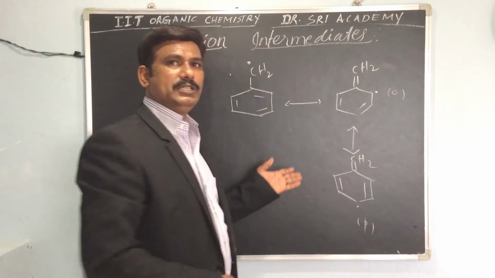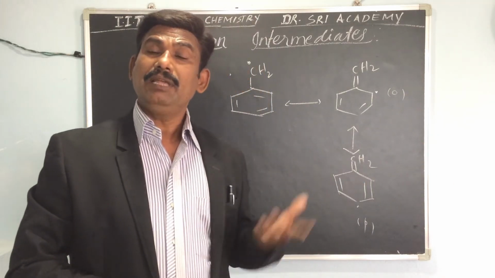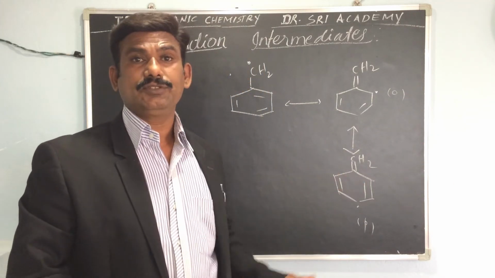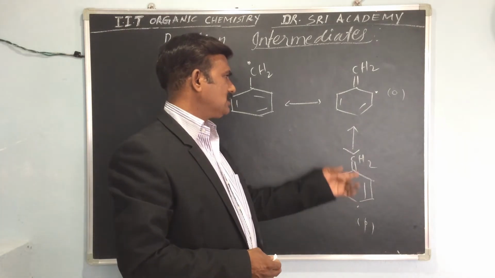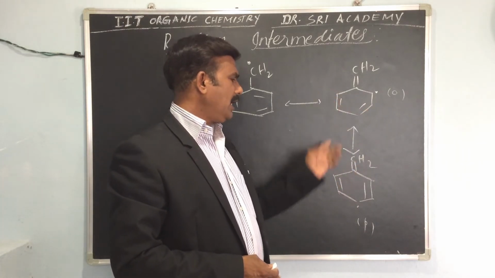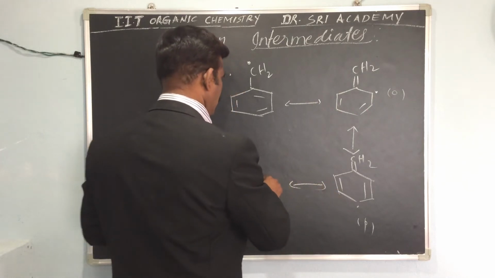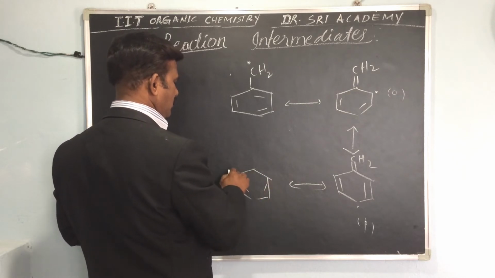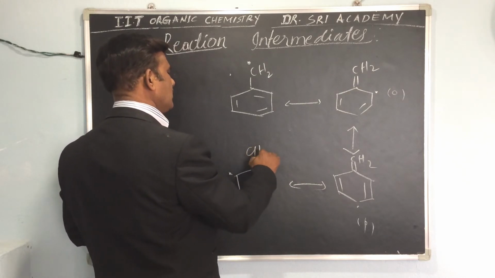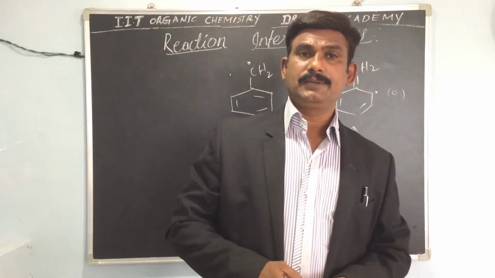So this is stabilized by resonance. These are the resonance structures, ortho position and para. Then ortho will come this side, then again one more will come. These are the resonance structures.